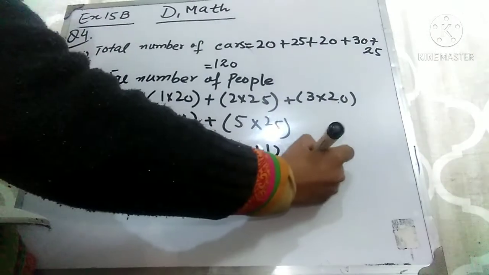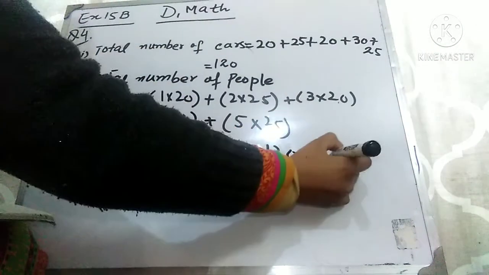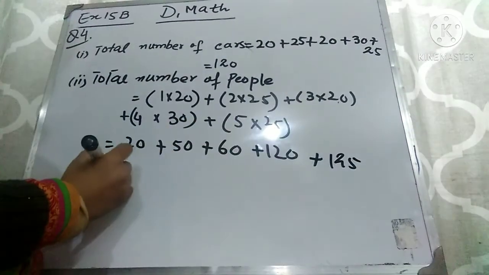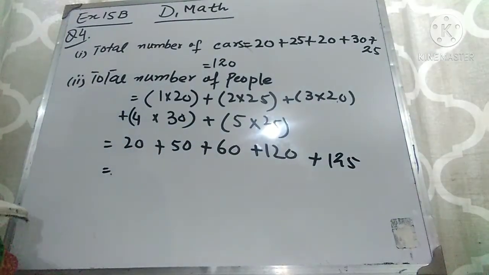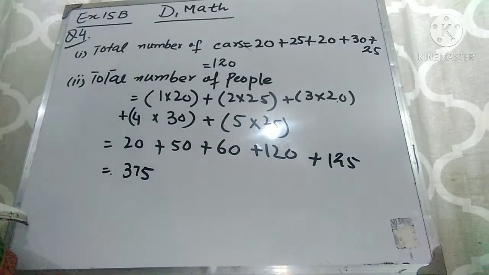And 5 25s are 125. Now when I will add them, I will get 125 plus 120 plus 60 plus 50 plus 20. So when I will add all these, I will get 375. So total number of people are 375.